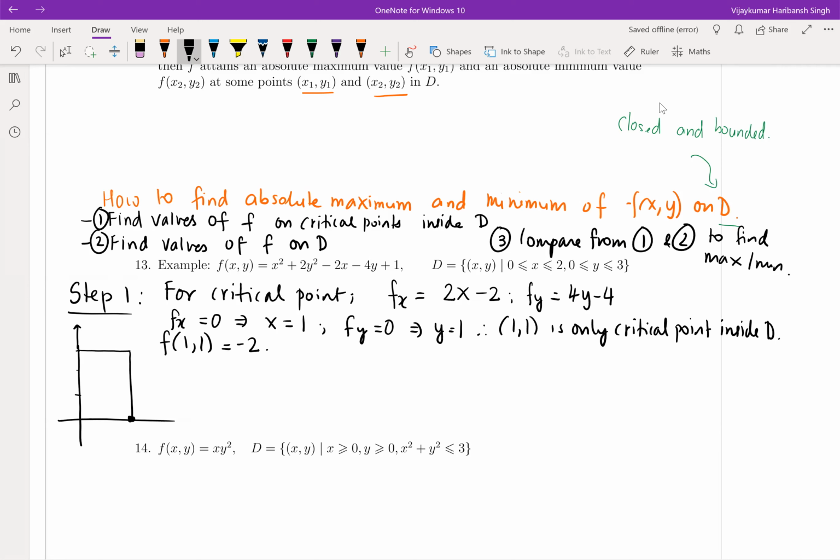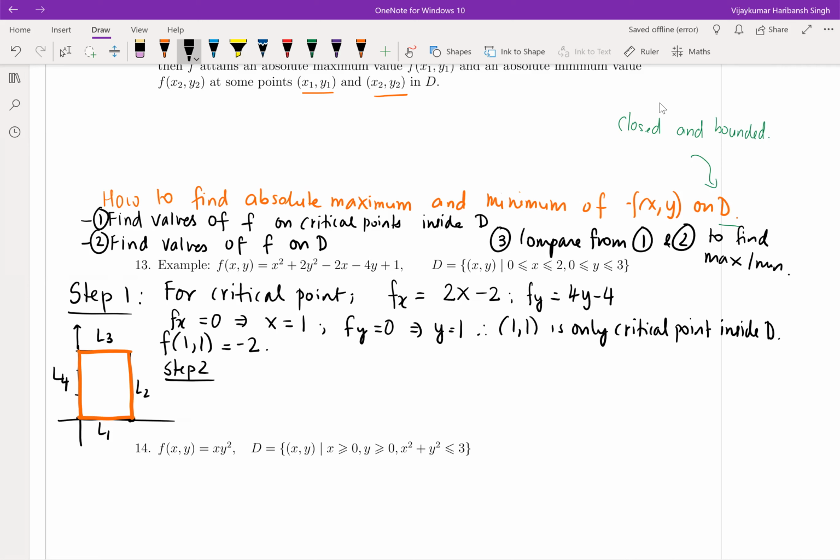This is our boundary now. The boundary is these lines, so let's call them L1, L2, L3, L4.